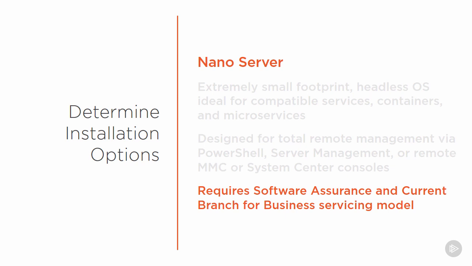You will also have to use the current branch for business servicing model, which is very different from the traditional model that we're used to working with our Microsoft OSs. Microsoft will dictate updates that will be delivered down to Nano Server, and for that reason, you'll have to be prepared for an altogether different way in which those servers get updated over time. Nano Server, as I've said, is kind of a special use situation that we're likely to see more embrace of as more people start working towards and developing on the Windows Server 2016 operating system.